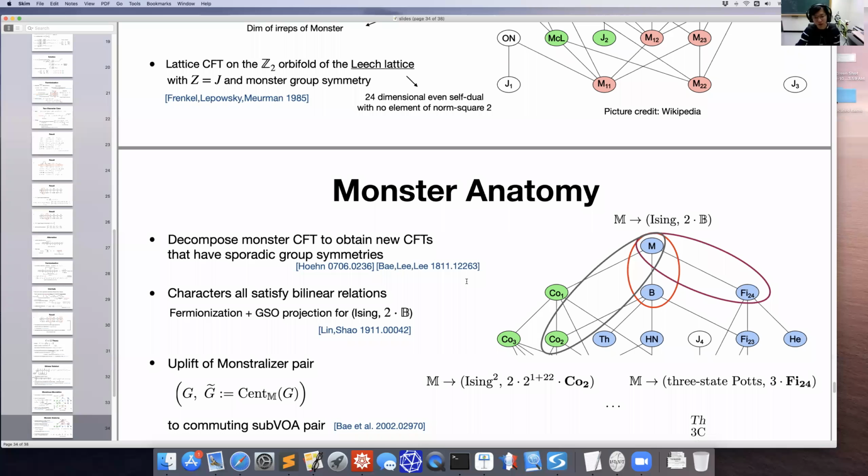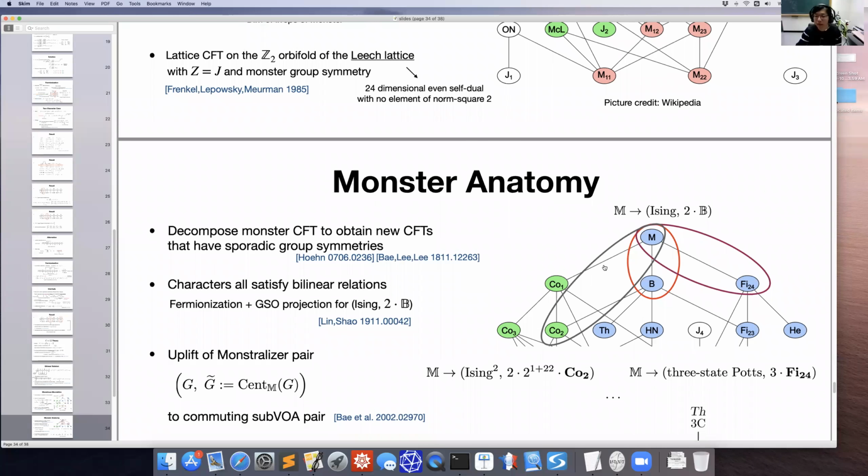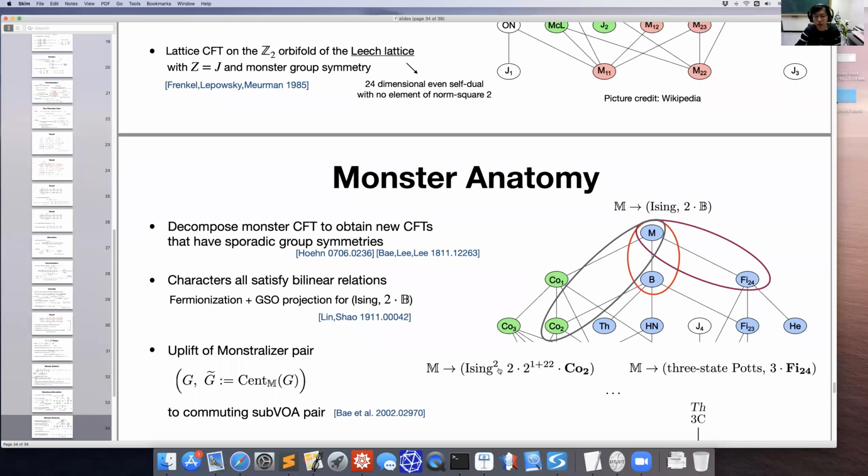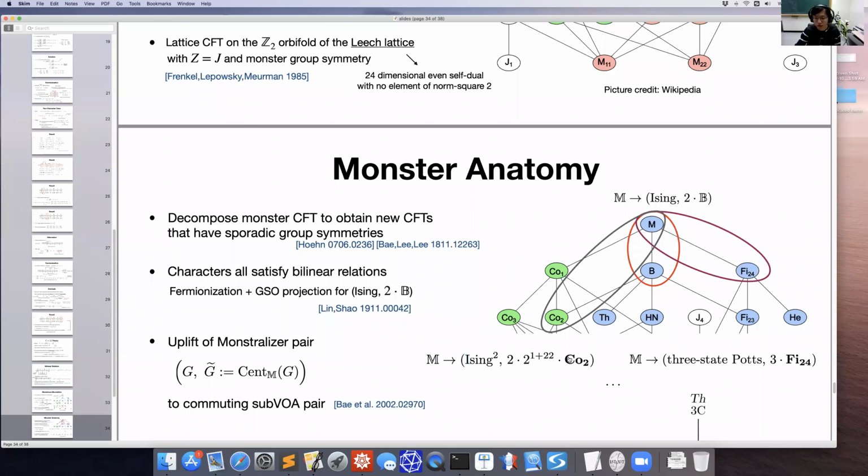And recently, the group of people from KIAS looked at other possibilities and they decomposed the monster CFT into some simple CFTs and a new CFT that has sporadic group symmetry.